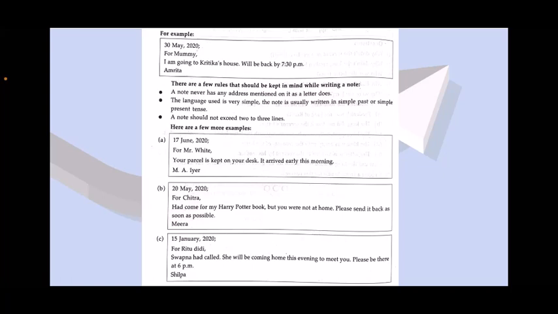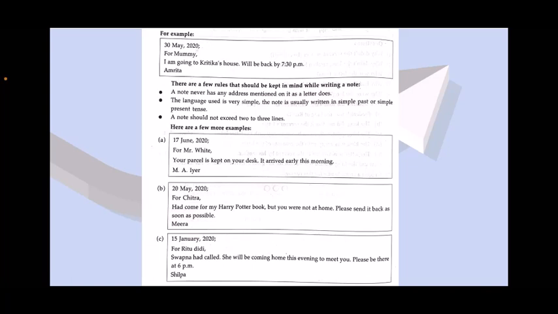Look at more examples which are given on your screen. 17 June 2020. For Mr. White, your parcel is kept on your desk. It arrived early this morning. M.A. Iyer. So children, can you tell me what are the different things included here? First, they have given the date. So the person has to know, right, when this note was written.